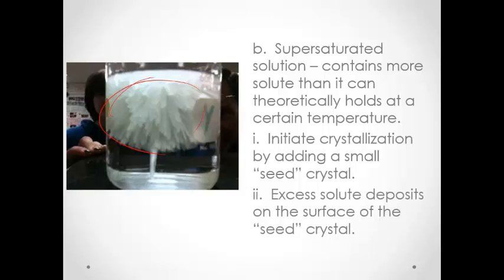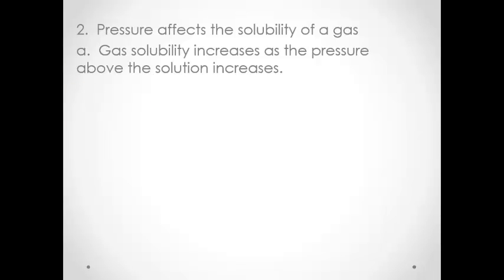And so the excess solute that is already in the solution deposits on the surface of that seed crystal. And this is how you make rock candy with the sugar water. You dissolve more sugar in the water than what it can truly hold, and then you initiate this process. You put a string in it with a little bit of sugar on it, and it gravitates to it. It's pretty cool.